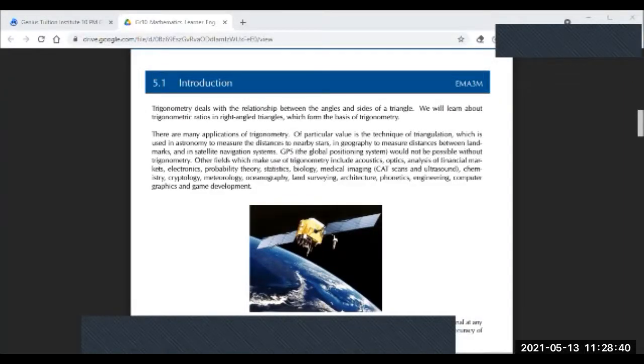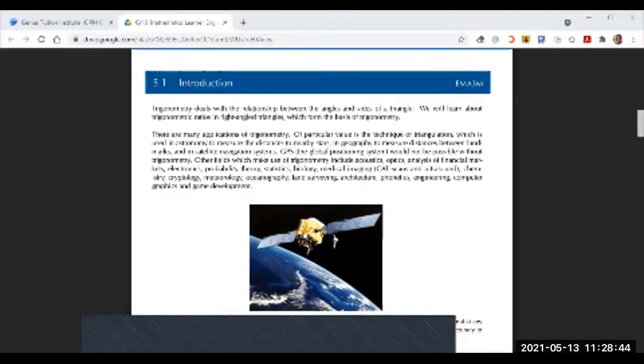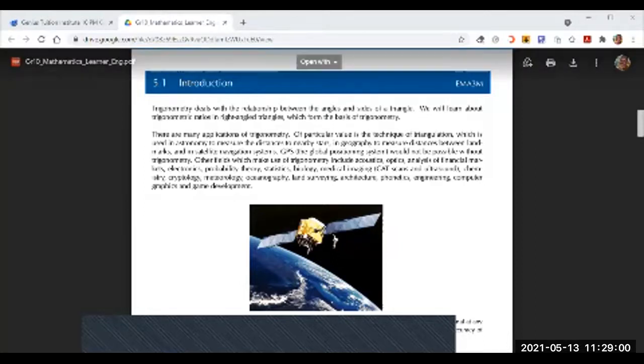We are going to do trigonometry, and according to this introduction that you'll get in Siyavula, that is everything mathematics. It says trigonometry deals with the relationship between the angles and the sides of triangles, meaning we are going to check how the angles and the sides of a triangle are related.